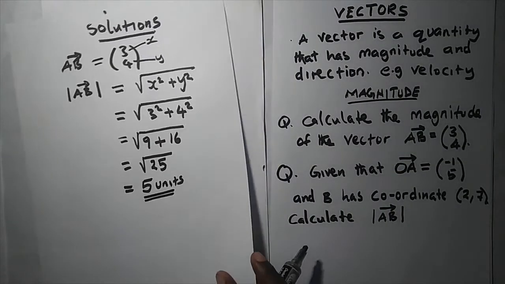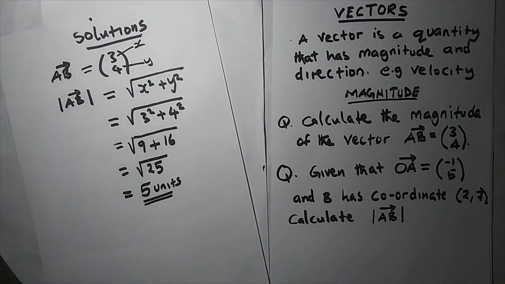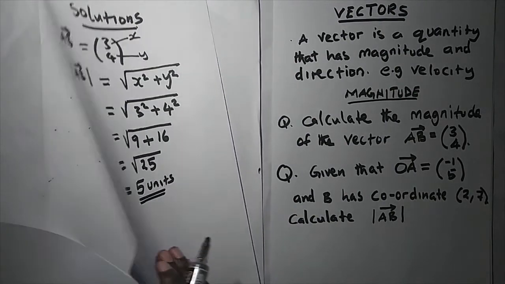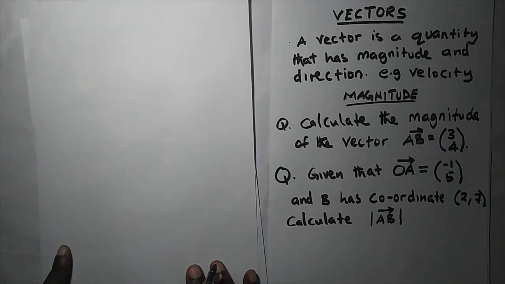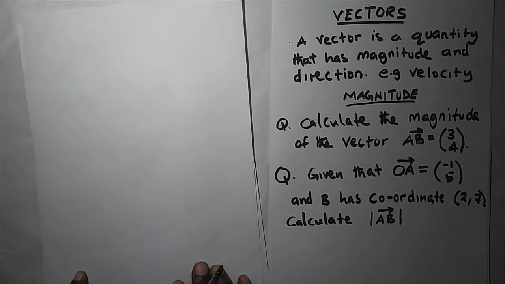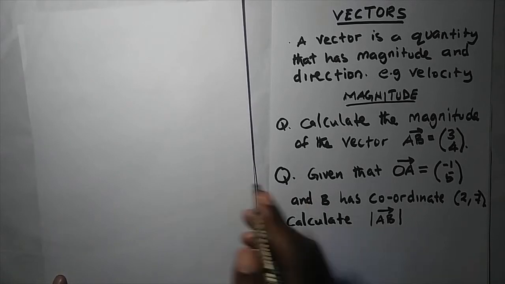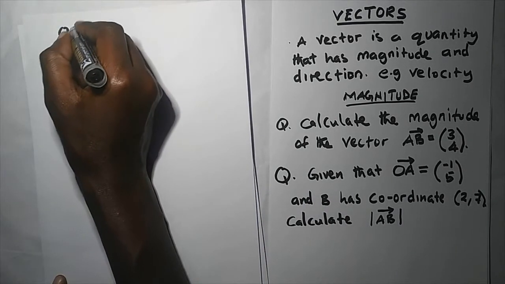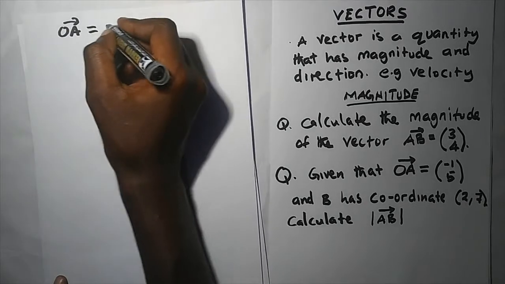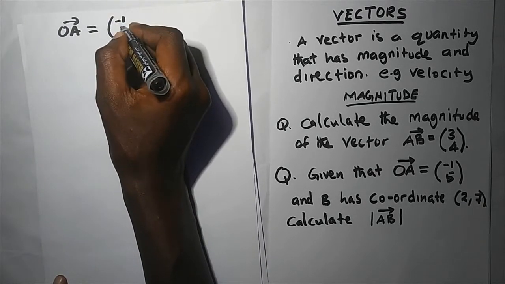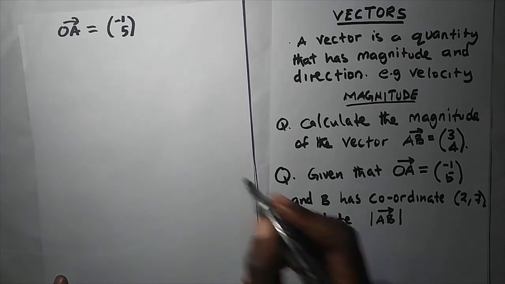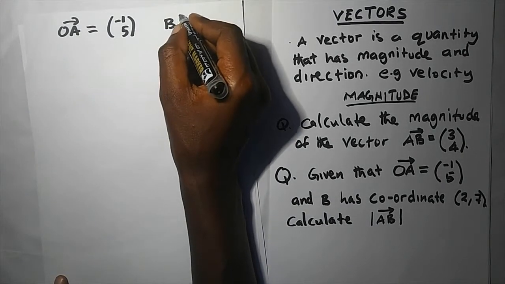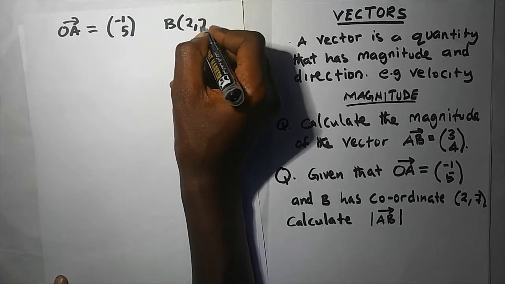Our second question says given that OA is equal to -1 and 5. And then we are also given the coordinate for B. B has the coordinate 2, 7.